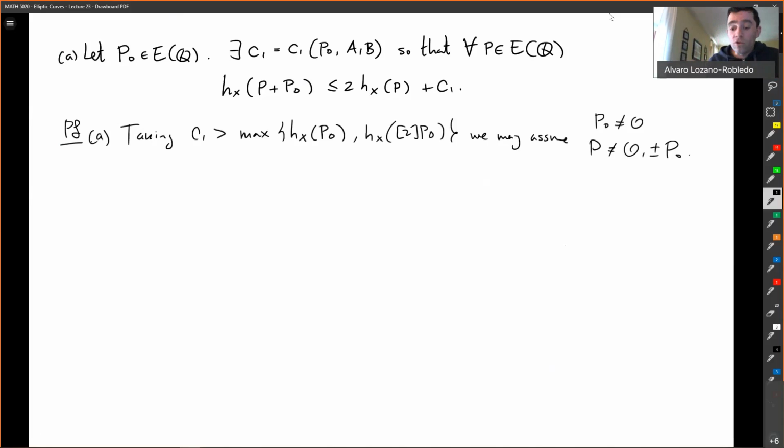And some fact that I'm not sure I've talked about, but this is not hard to prove. Once you have a Weierstrass equation, the points always have a very particular form.